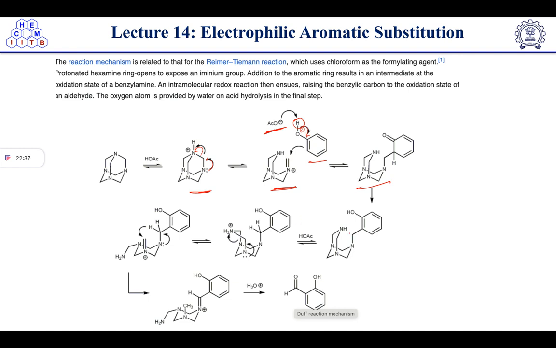After getting this one, the next step is the nitrogen lone pair will again push electrons here. Sorry, so after getting this, aromatization will take place, and we will get this intermediate.